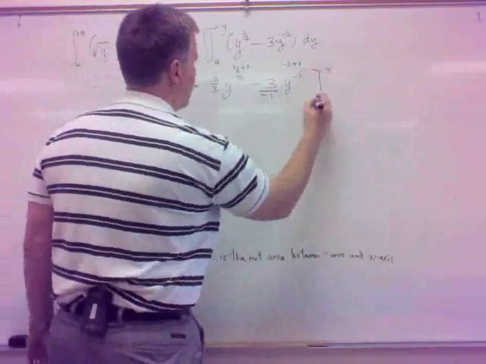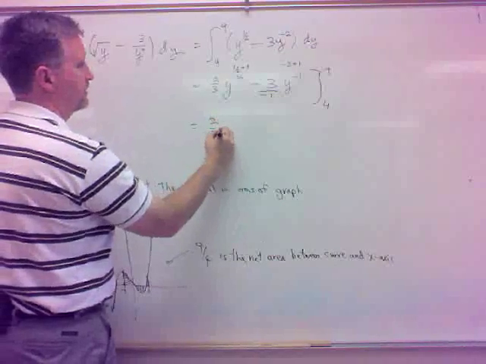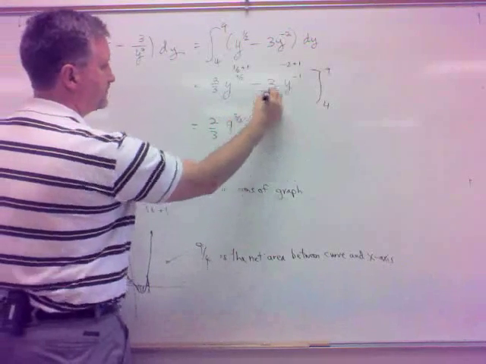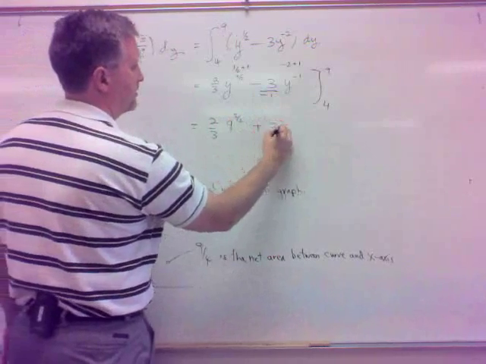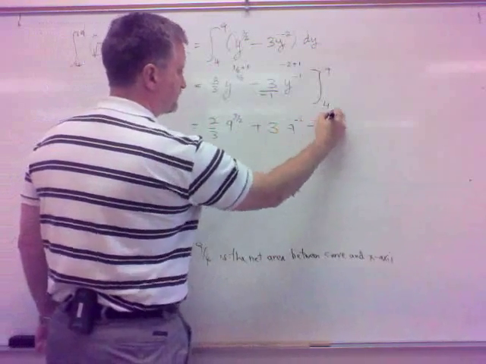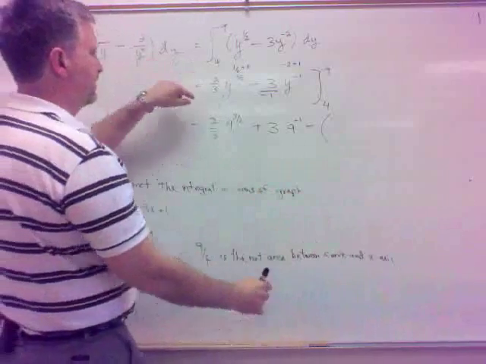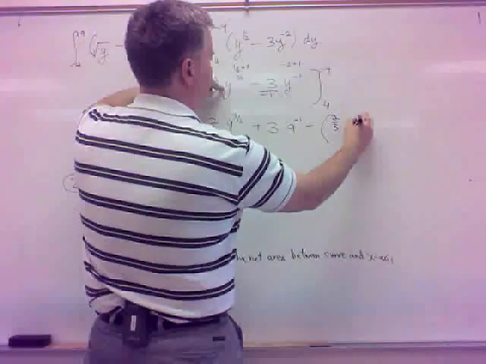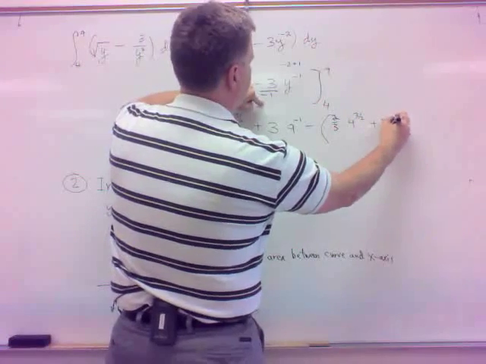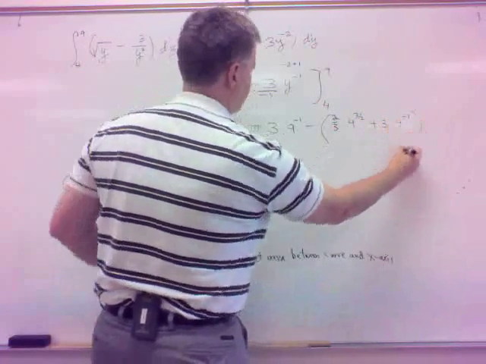Run that 4 to 9, so I get 2/3 times 9 to the 3/2. Minus minus makes a plus, 3 times 9 to the -1. Minus, then plug in the 4. 2/3 times 4 to the 3/2 plus 3 times 4 to the -1.